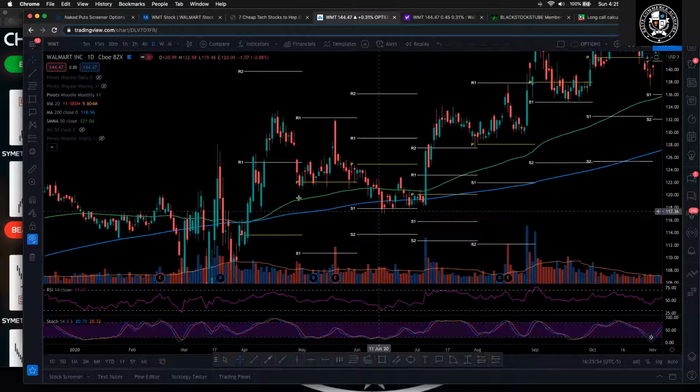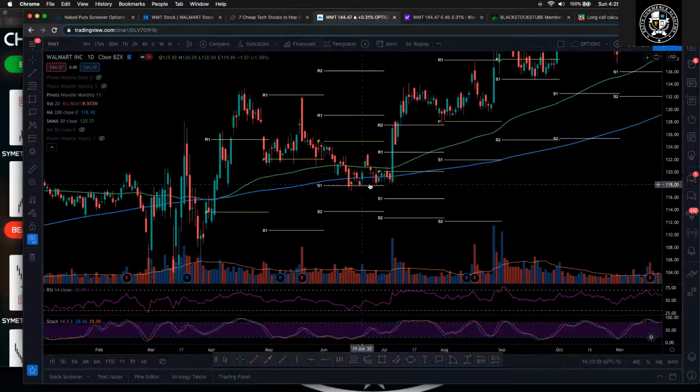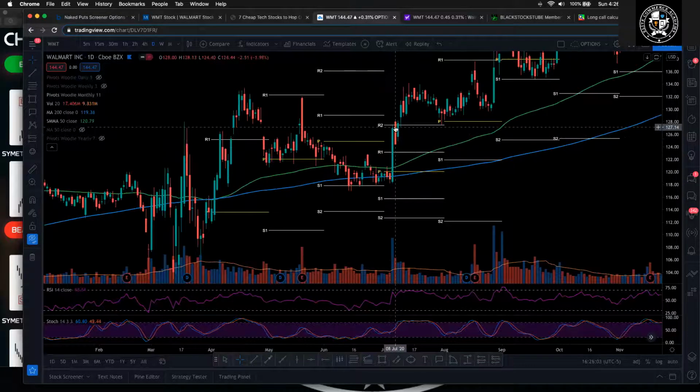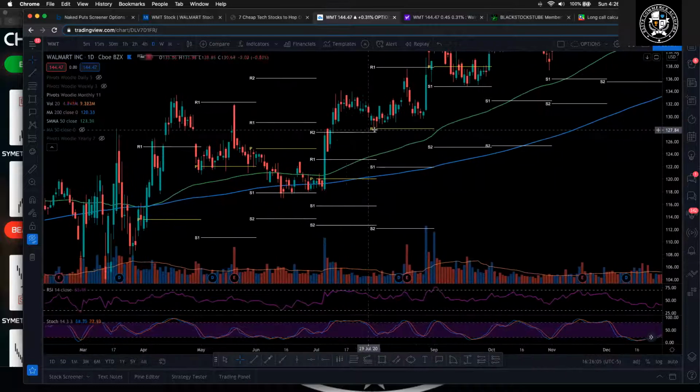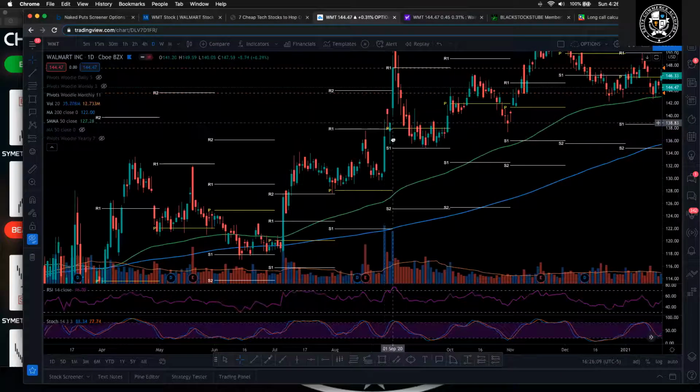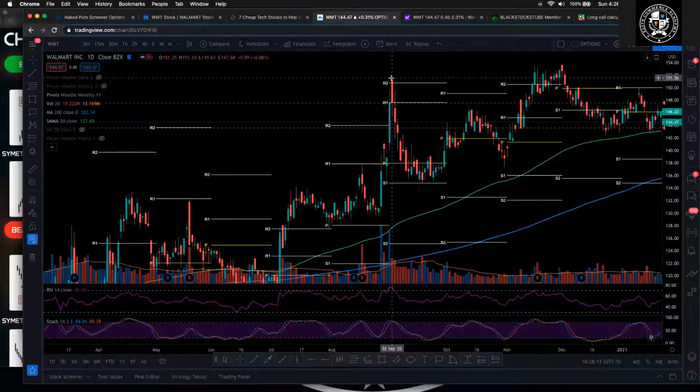So, you see price hit support, busted through the pivot with this big green candle right here. And now it's up. Boom, the next pivot, it opened up higher. Boom, now it's higher. Then the next pivot opened up higher. Then it went higher. Once it reaches the second resistance level, it's almost like it's in overbought territory.